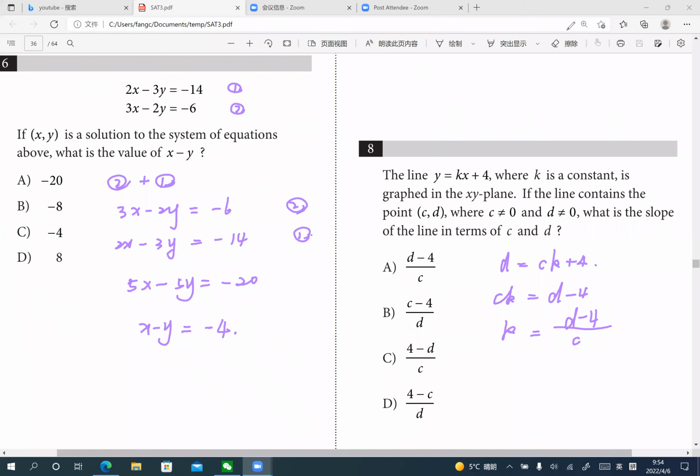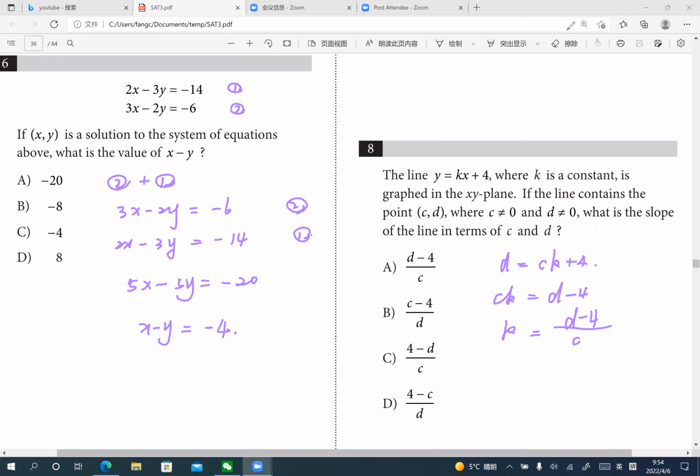Question 6, 2x minus 3y equals negative 14, and 3x minus 2y equals negative 6. If x and y is a solution to the system of equations above, what is the value of x minus y? We call the first equation 1 and the second equation 2.